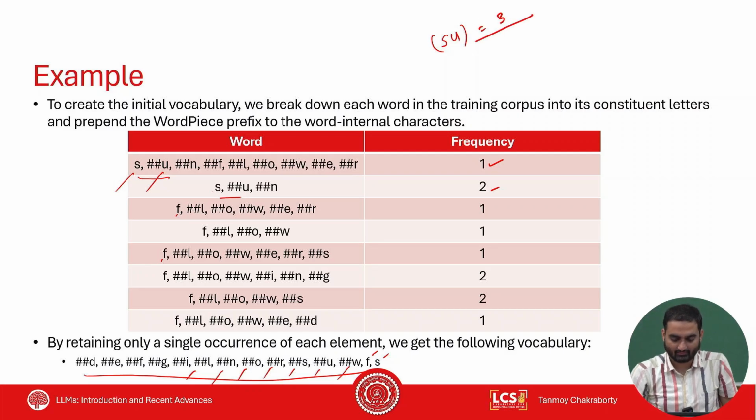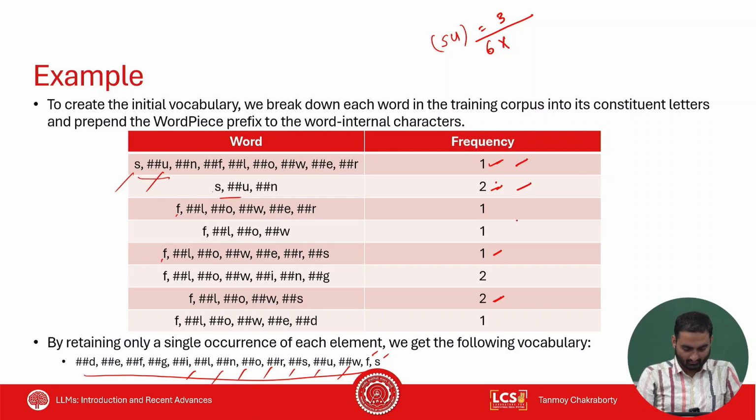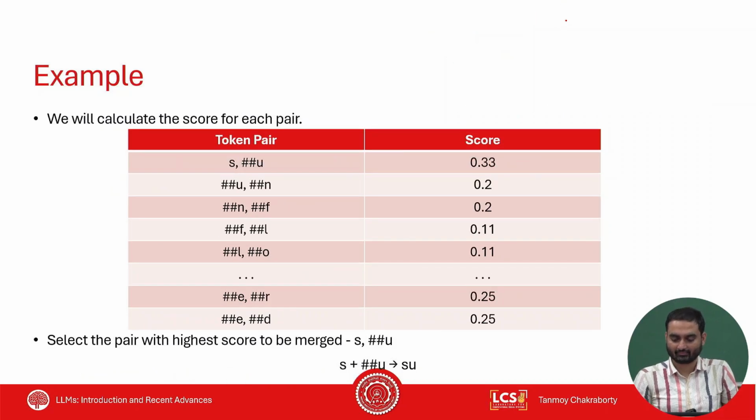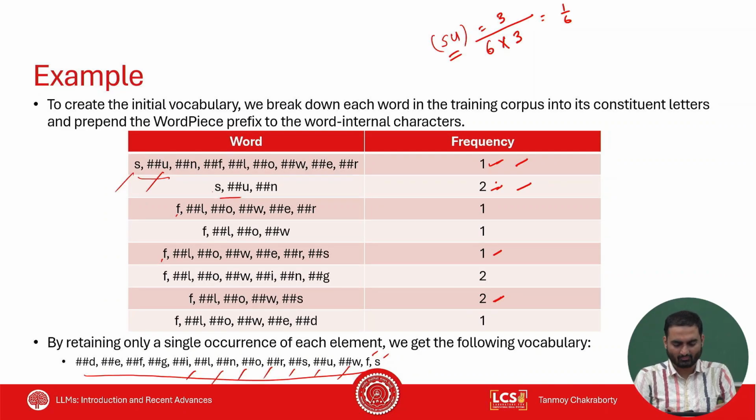It is 1 plus 2 plus 3, so 6. What is the frequency of U? The frequency of U is 1 plus 2, so 3. So the score for SU is basically 3 divided by 6 times 3, that is 1 by 6. The calculation may be wrong, but I hope you understood the concept.